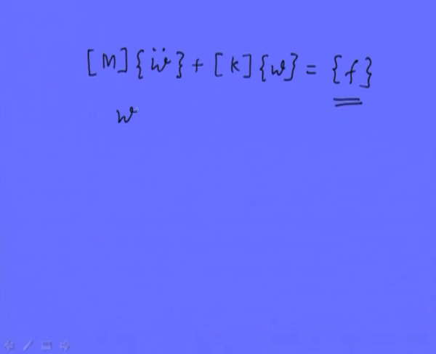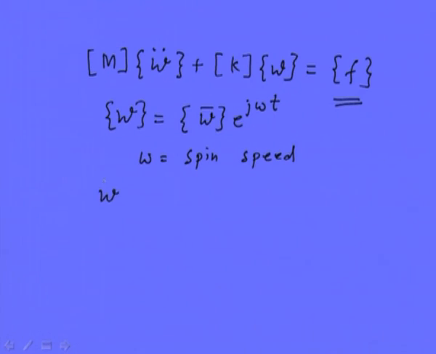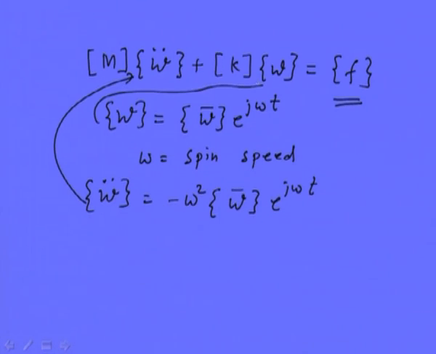Now again we can take the solution as an amplitude and a harmonic function, where omega is the spin speed of the shaft. If we differentiate this twice, we will get minus omega square W e^(j omega t), and we substitute these two in the equation of motion.